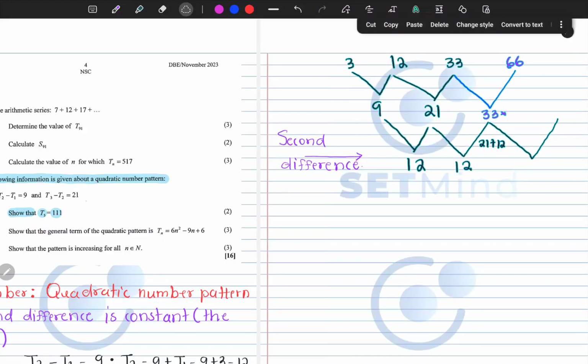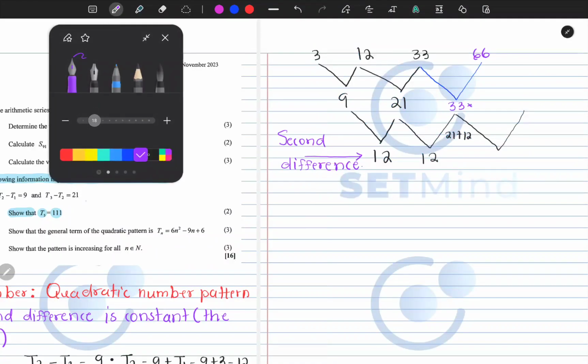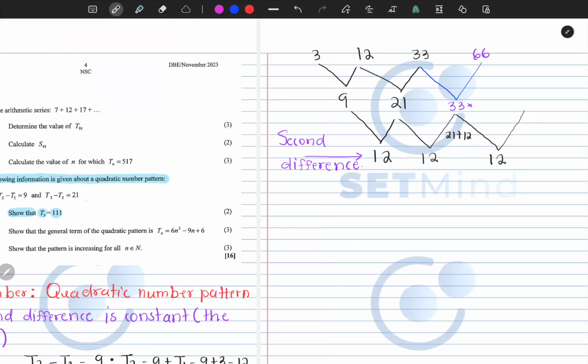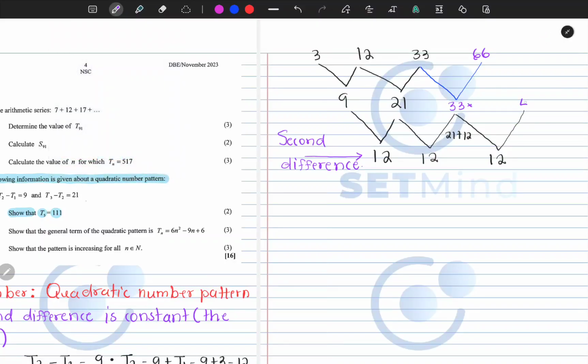Okay, now let's go and have a look at the next one. So since I have 66, then here I know that the constant difference or the second difference should always be the same. So now I just need to do 33 plus 12, which will give us 45 there. Okay, it's the same pattern.